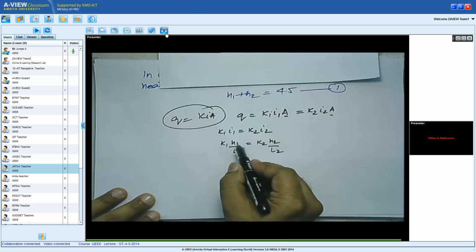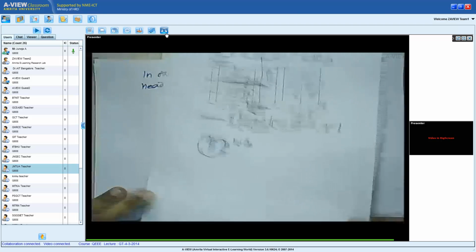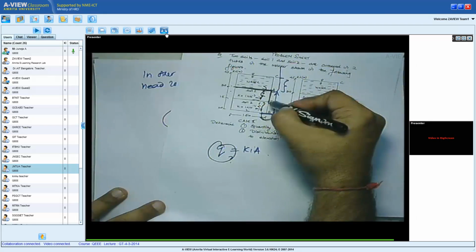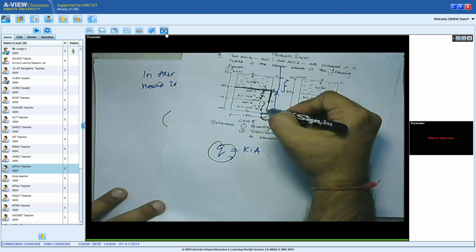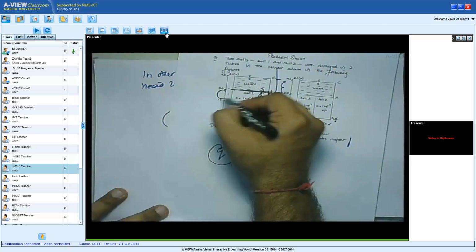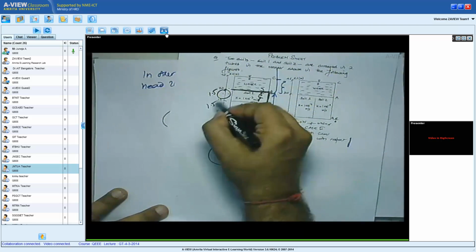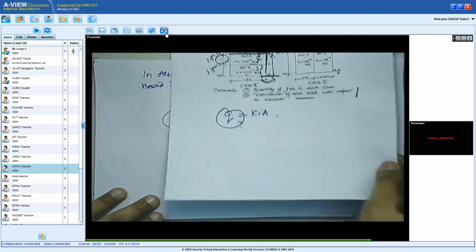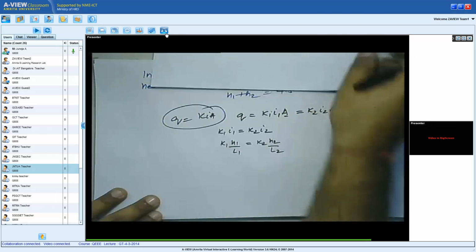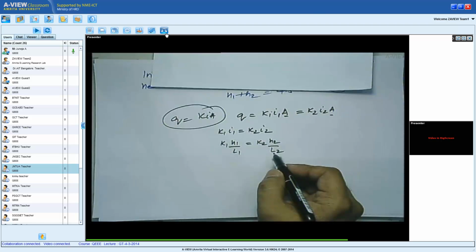I1 is head loss over the length over which the water travels, it's length 1. In both cases, let me bring back the figure, the length of water travel is the thickness of the soil layer, which is the same, 1.5 meters there and 1.5 meters here. In this example, L1 and L2 equal 1.5 meters.